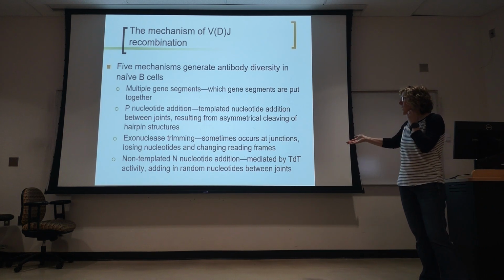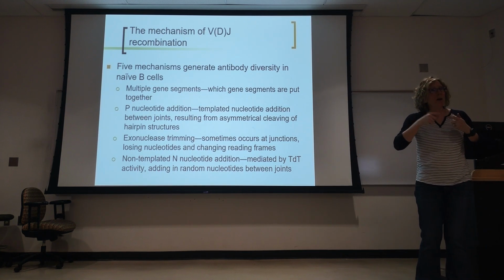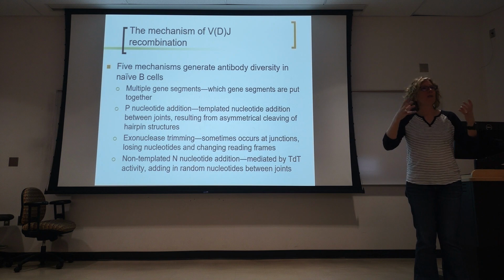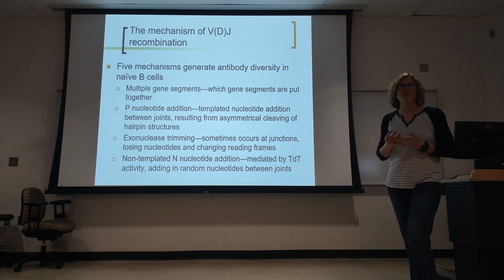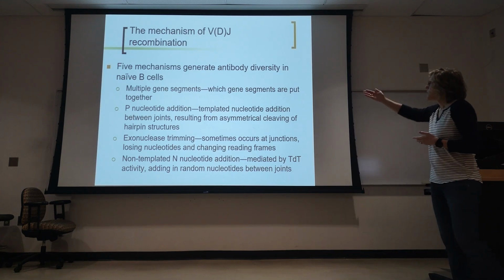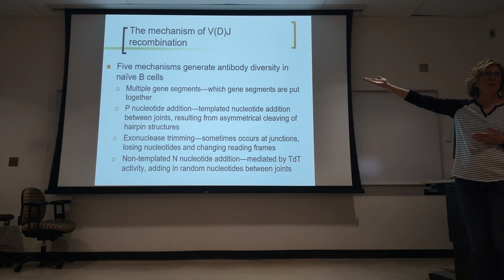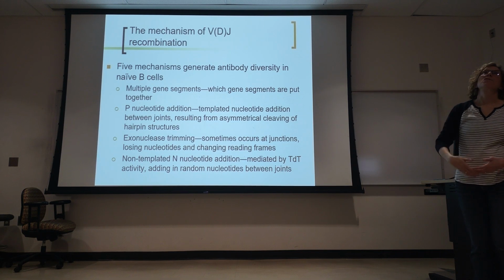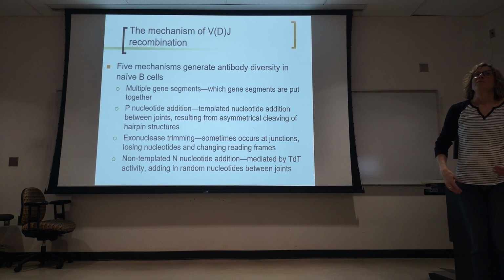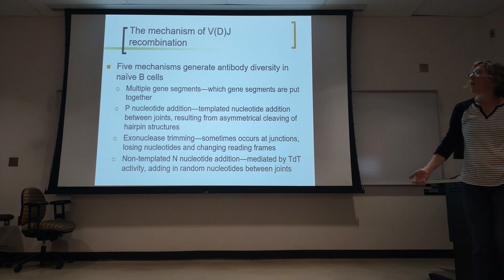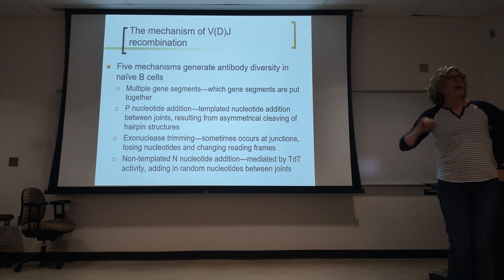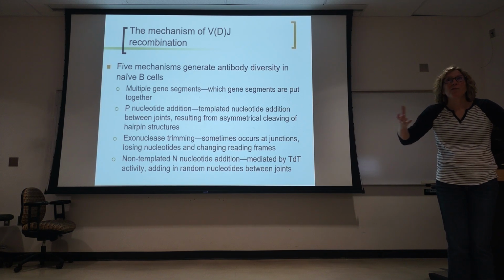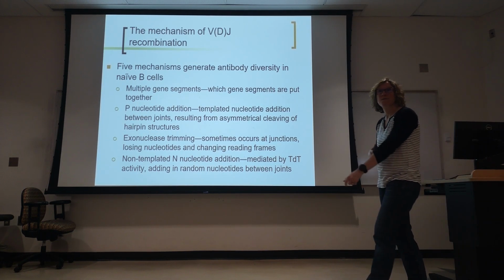So this slide is to give us an idea of what are all of the events, what are all of the things that are taking place that allow us to make billions of different combinations. So the first one, right? Each region, with the exception of the constant regions, which aren't involved in binding antigens so it doesn't matter. The regions that are involved in flexibility and antigen binding, there are multiple different gene segments that we can use.